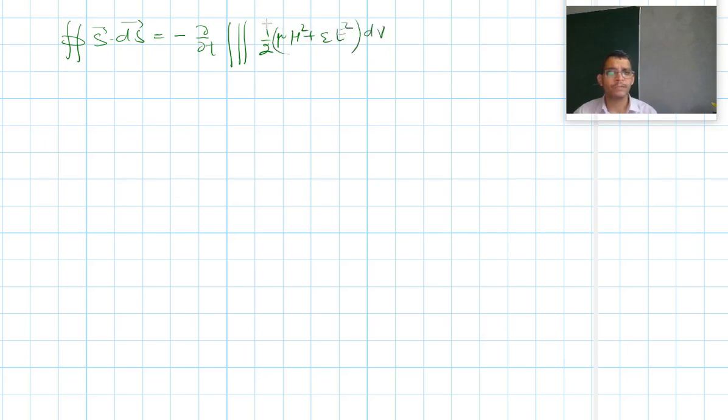As I have derived, it is equal to the negative of the volume integral, bringing it to this side, of negative ∂/∂t of the volume integral of 1/2 (μH² + εE²) dV, minus the surface term. These are the two terms, both are negative.